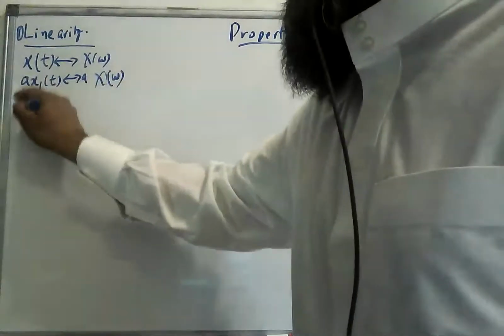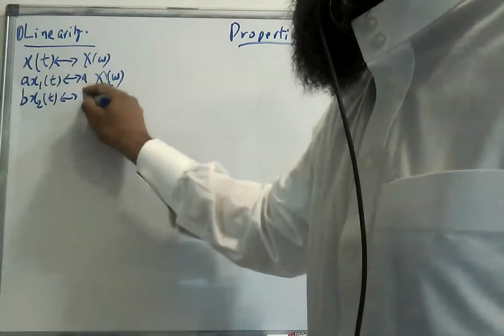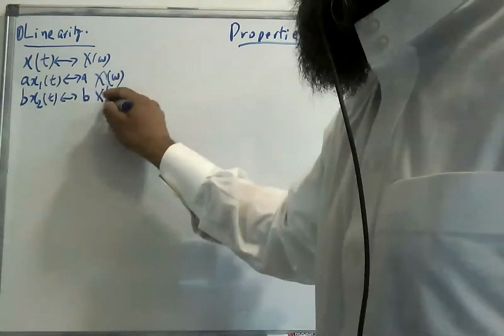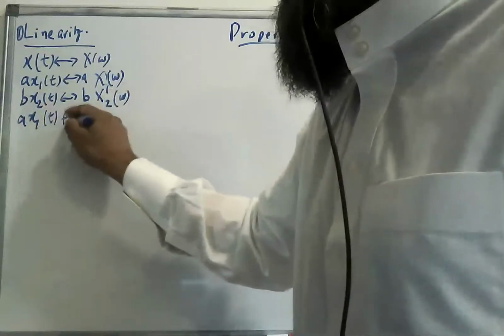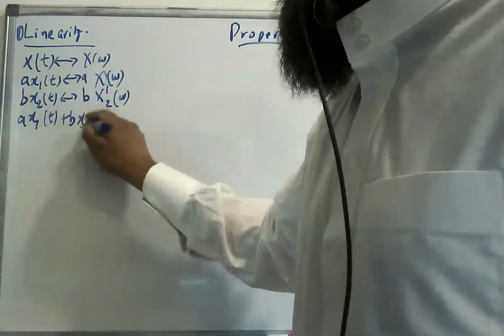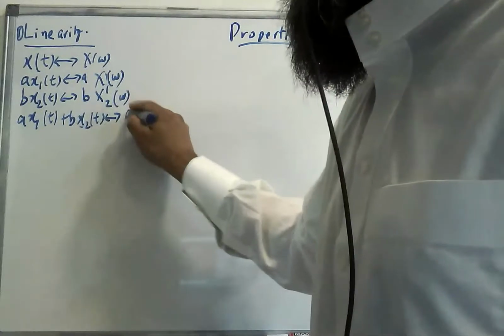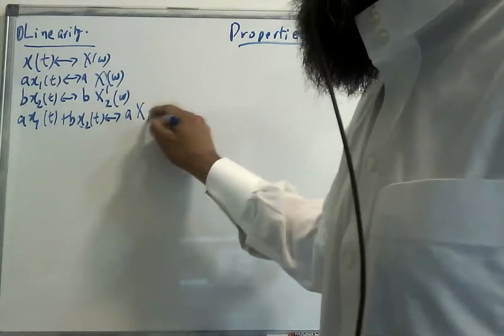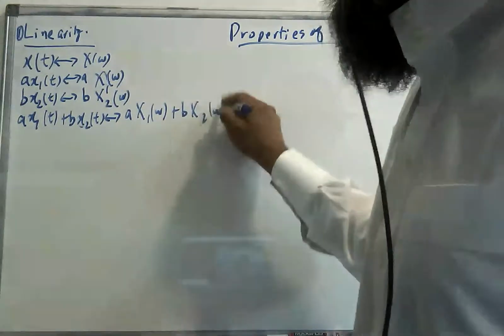And if there is another function b x2 of t, then the Fourier transform will be b X2 of omega. So if we add these two functions in the time domain, the functions will also be added in the Fourier domain. So on the right hand side, the Fourier transform will be just the sum of the two Fourier transforms.